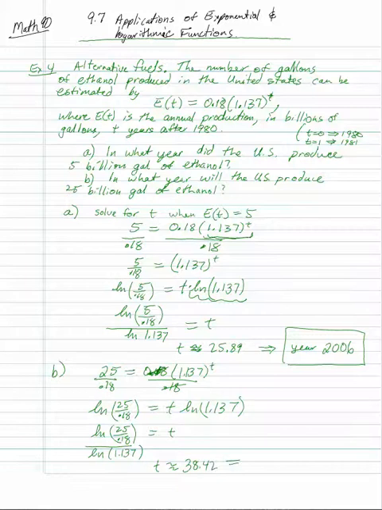So that's going to give me the year, so let's say 39, because we're into the next year, so we're going to go to 39. Well, actually the book's just rounding it off, so they're saying about 2018. I actually would say you're into 2019, but we'll just stick with what the book says.